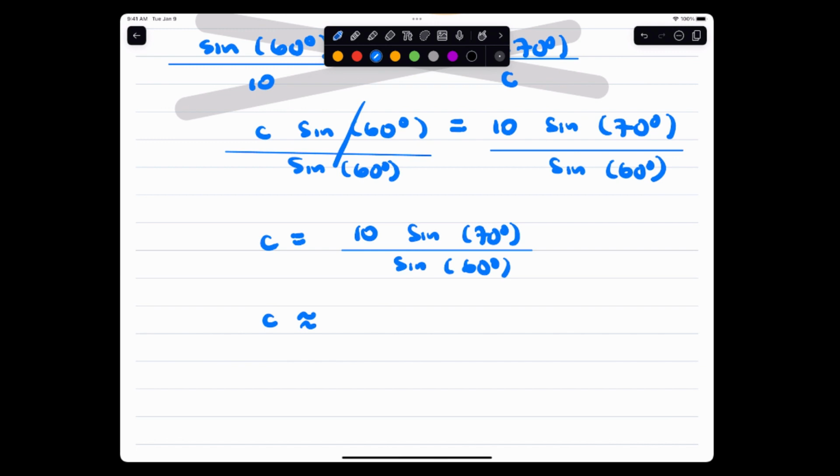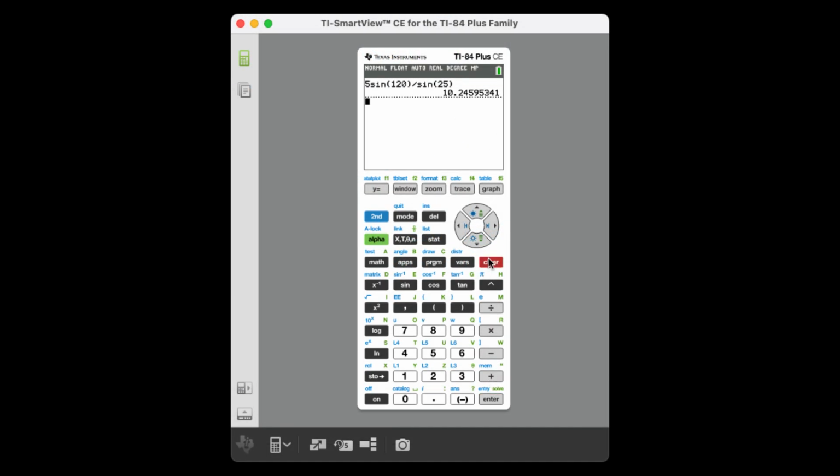Okay, ladies and gentlemen, here you go. We have 10 sine 70 divided by sine of 60. What do you guys end up with? 10 point what? 10.9. And what did we just find? C, right? So C is blue.